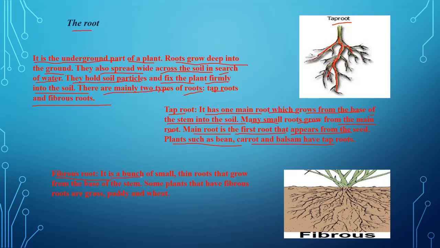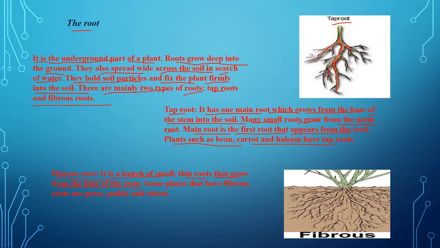It is a bunch of small thin roots that grow from the base of the stem. In taproot there is one main root, but fibrous root does not have any main root. It is all small roots that appear from the base of the stem.